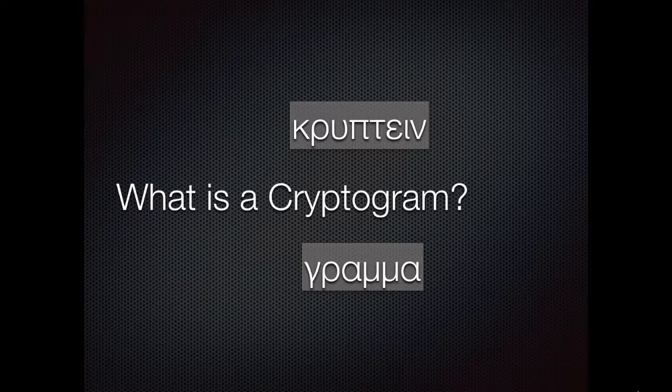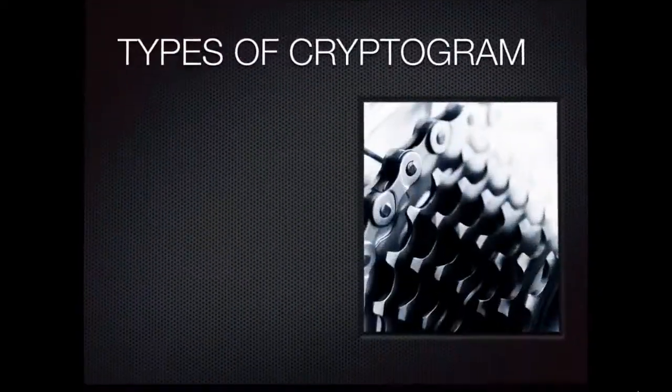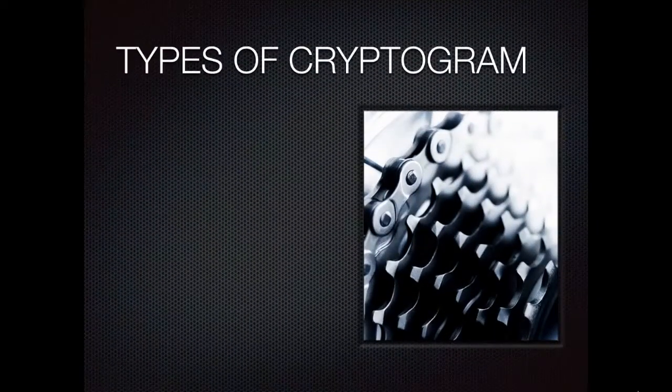Some of it is very dark, so we're not going to be dealing with those things. Everything in this video is going to be quite fun and uplifting, and some of it actually very moving. So let's get started with the various types of cryptograms.